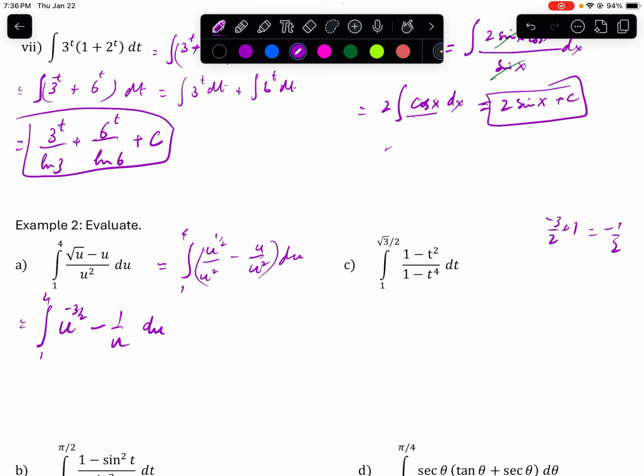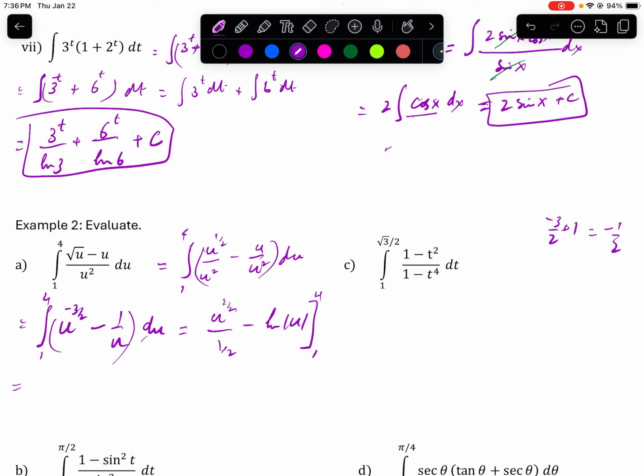So I have u to the 1/2 divided by 1/2 minus, now what is the integral of 1 over u? Ln of u, so ln of the absolute value of u. And then I have 1 to 4. Apply the FTC part 2. I will plug in the limits.